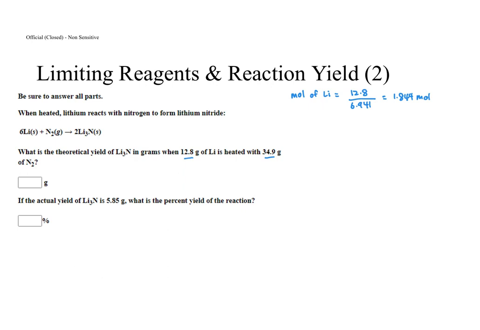Let's try to find the moles of nitrogen. For nitrogen gas is N2, so make sure that for the molecular mass, you also take 2 times the atomic mass of nitrogen.